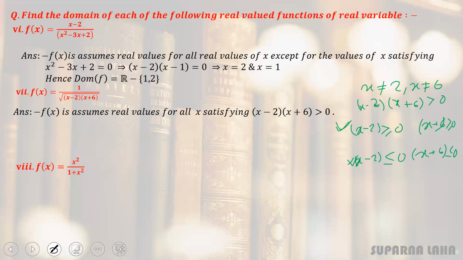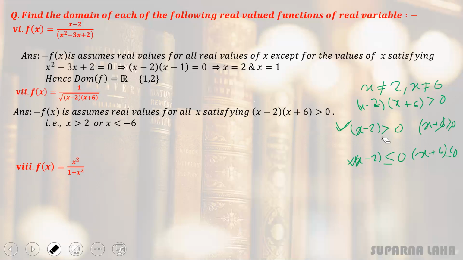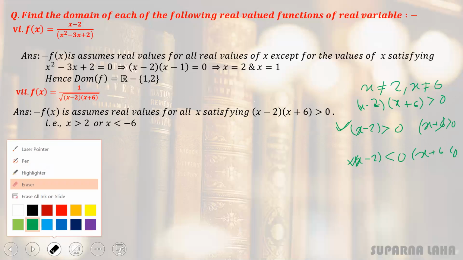Look here, (x - 2)(x + 6) is greater than 0; simplify it. Either x is greater than 2 or x is less than -6. No equal sign here; just remove this equal sign from here.